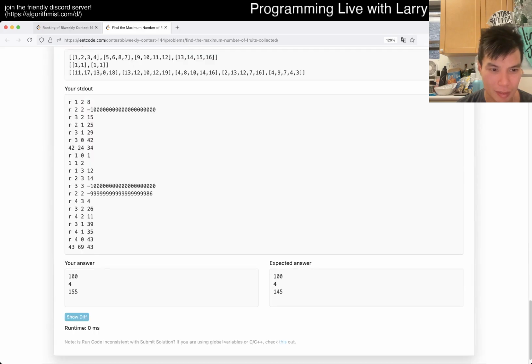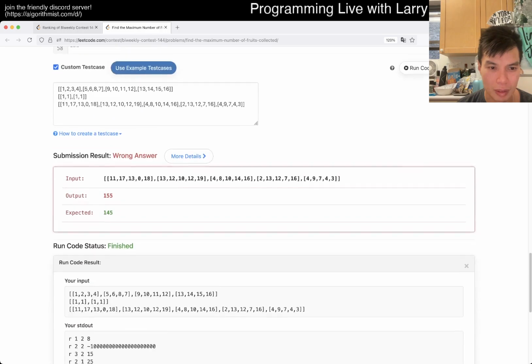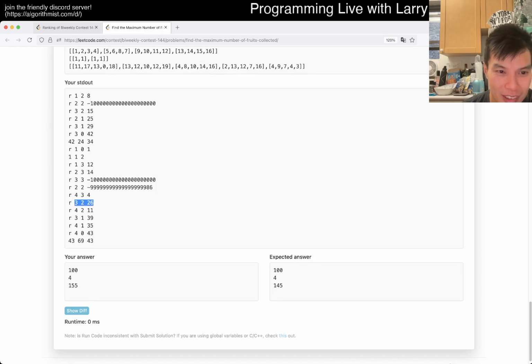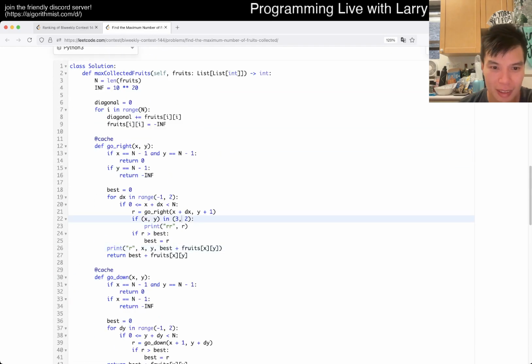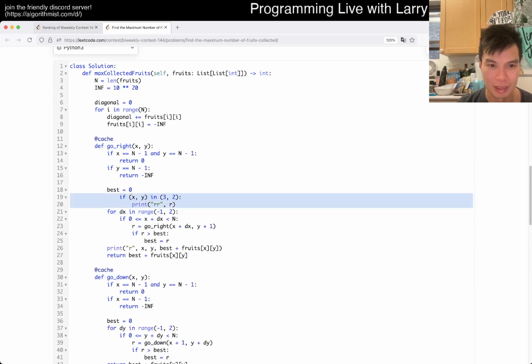What? I'm just so confused. Why is this not printing anything? 3, 2. Do I manipulate anything?